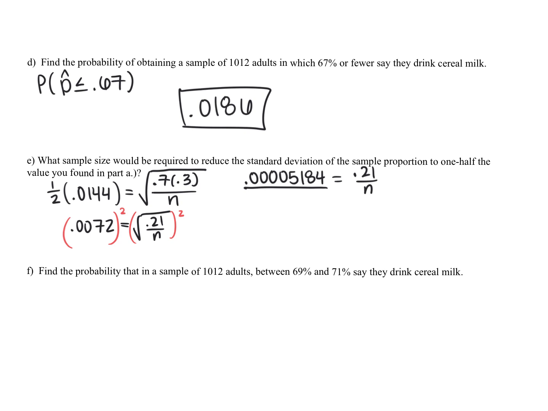And then we're going to cross multiply. So we're going to put that over 1. Cross multiply, we get 0.00005184 n equals 0.21, and then we're just going to divide both sides by 0.00005184.